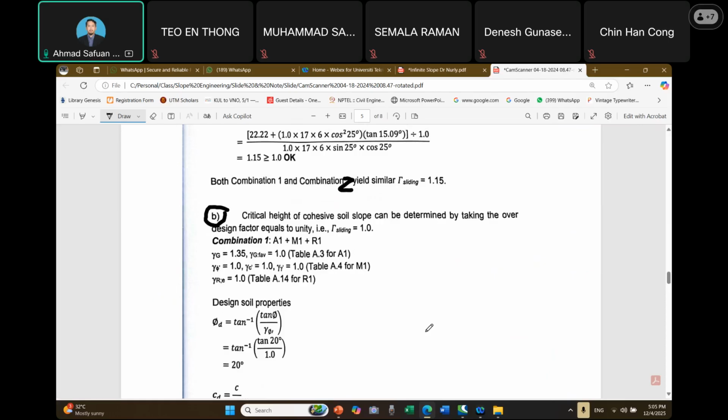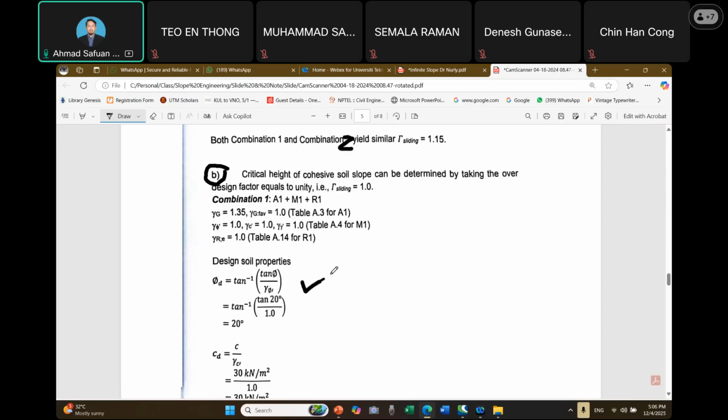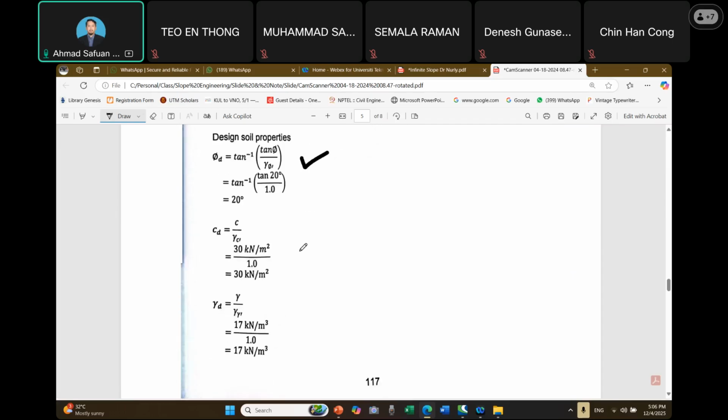Then we have combination 1, A1 plus M1 plus R1. 1.35 for gamma G, then gamma phi, gamma c, gamma gamma. Then gamma R, which is equal to 1. Then the design soil properties: gamma D, phi D, c D.